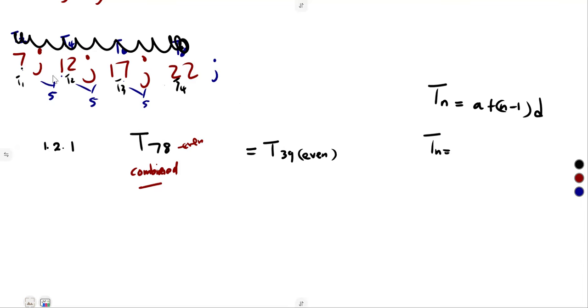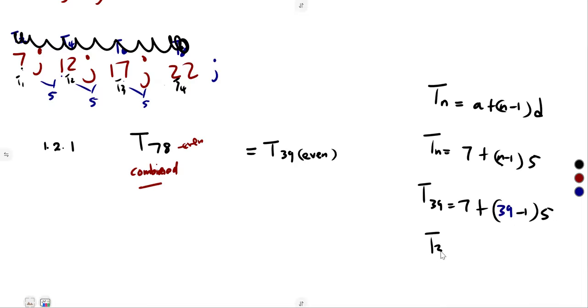So our first term, 7, plus n minus 1 times d, which we can just substitute, because we know that is 39 terms. But anyways, that's also in your hands. Let us just find T39 directly. T39 is going to be 7 plus, in place of n, 39 minus 1 times what? Times 5. So use your calculator here properly.